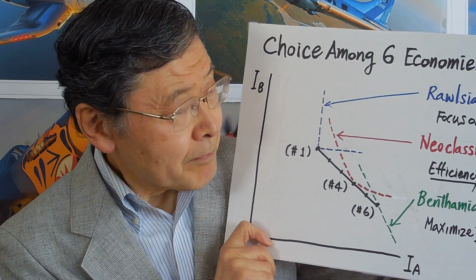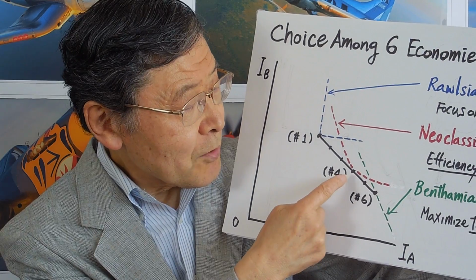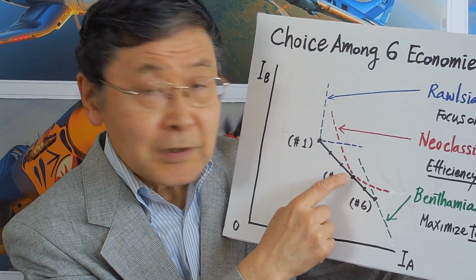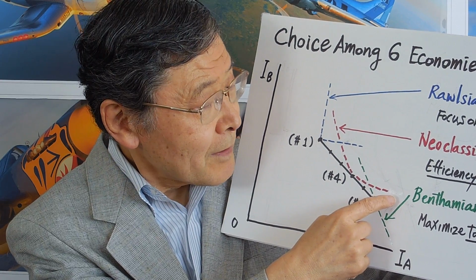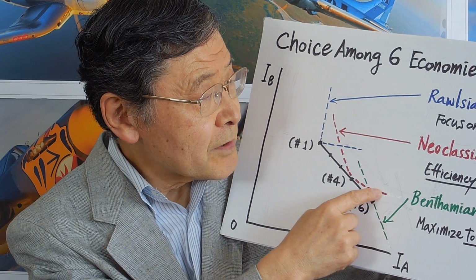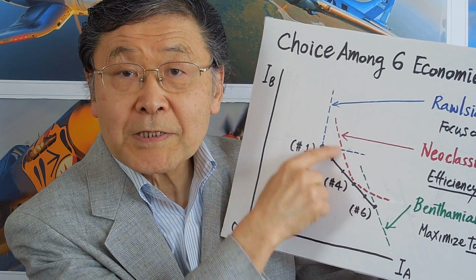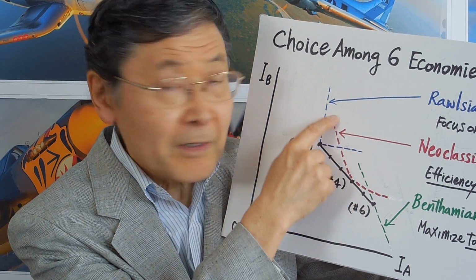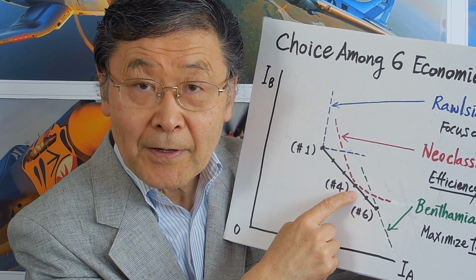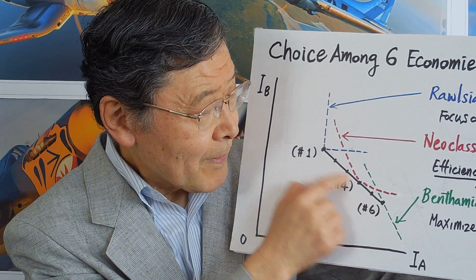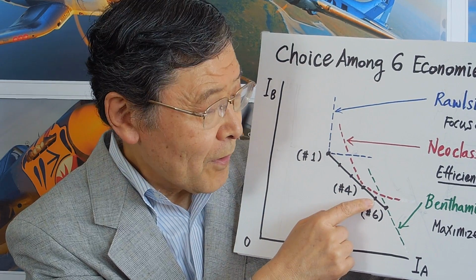One possible interpretation is that those who chose this number 4 or number 3 may well have this typical neoclassical social welfare function, or this indifference curve, but there's a tangency point here inside 3 or 4.